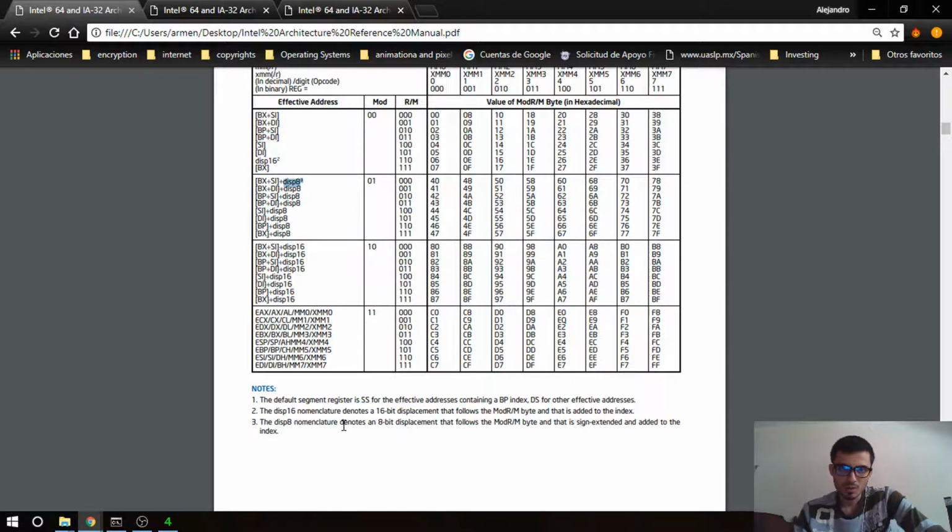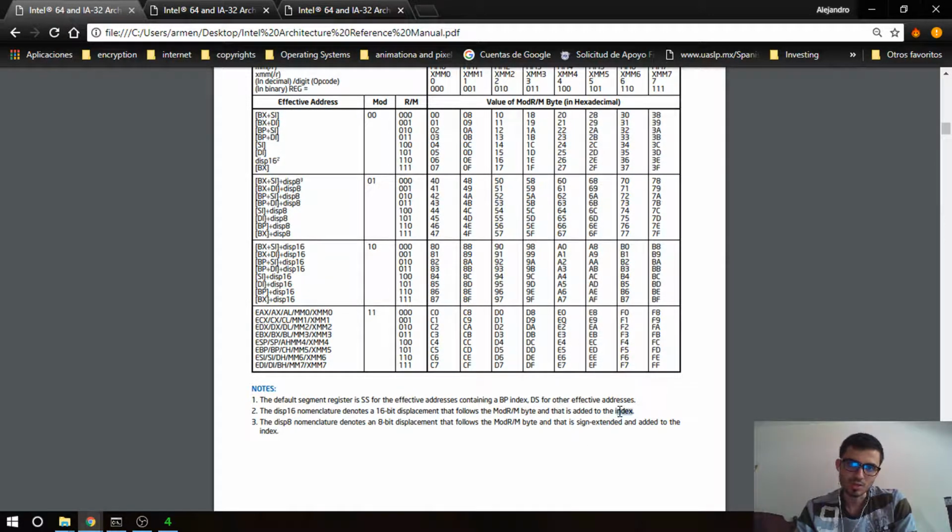Okay. So this is a displacement added next to the ModRM byte, and it's a 16-bit displacement. And that displacement is added to the index, which in this case is the value encoded in this, no, to the index it has to be SIB, isn't it?